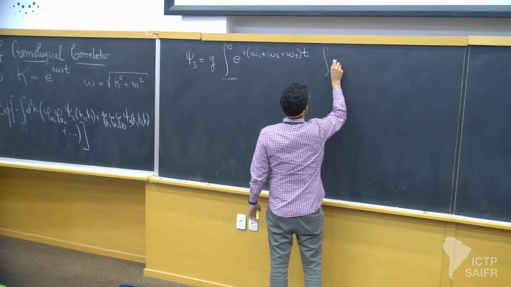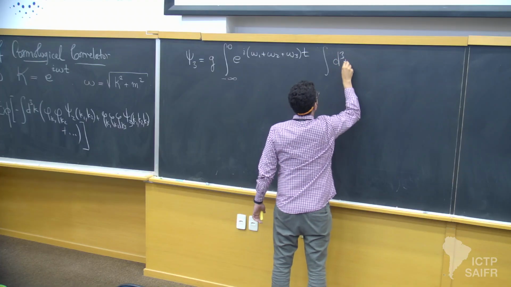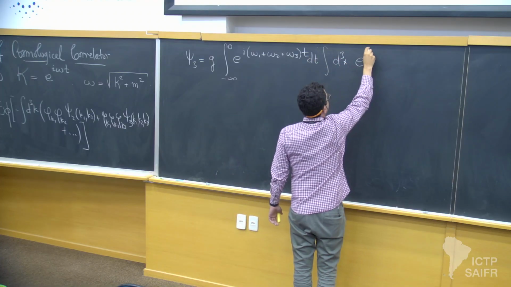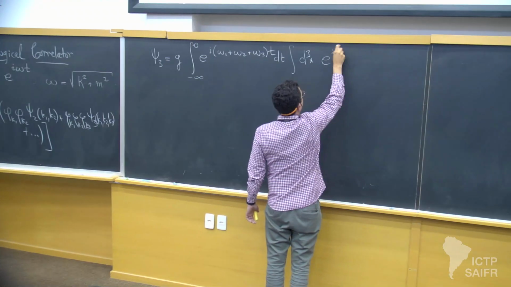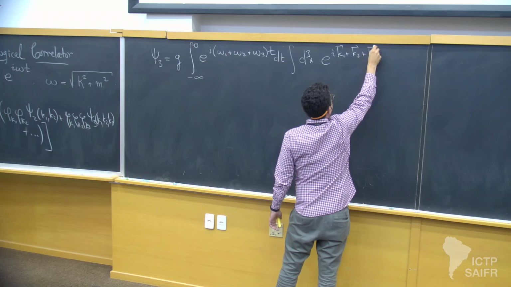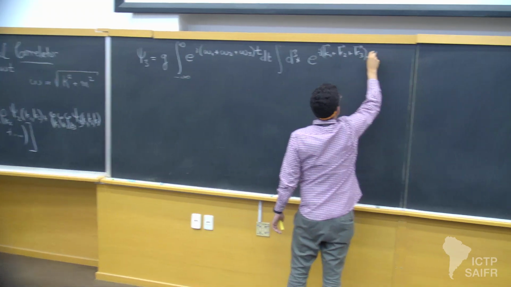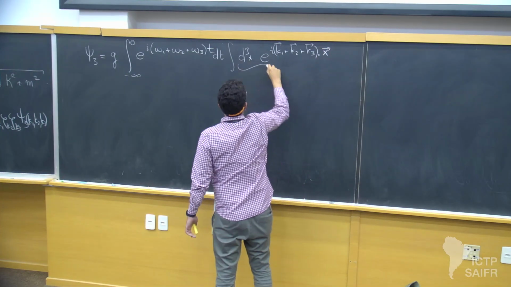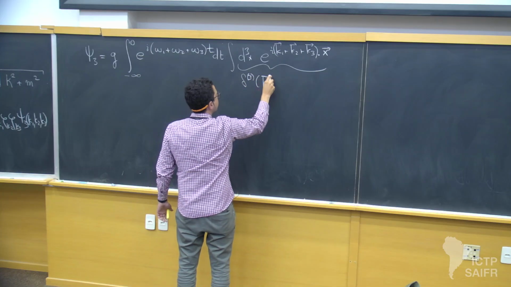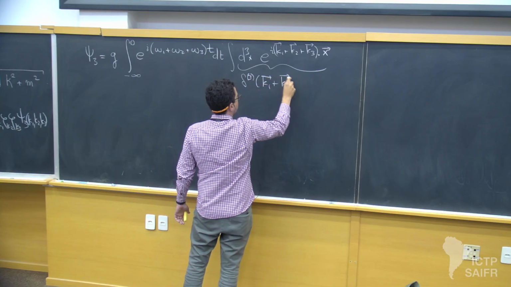You integrate over space, d3x, and you integrate e to the i (k1 plus k2 plus k3) x. So this gives me a delta function, our very old friend delta function. So this is always going to be there.